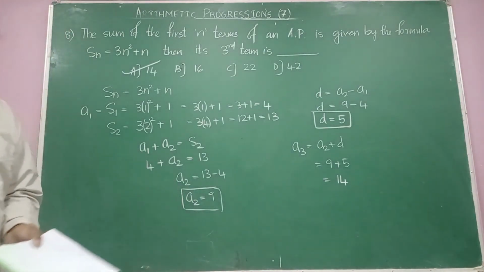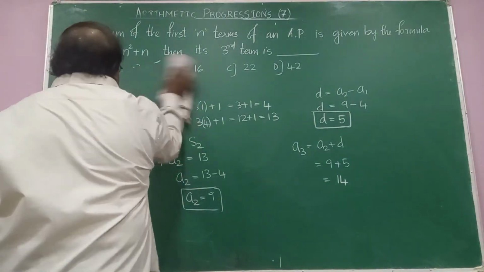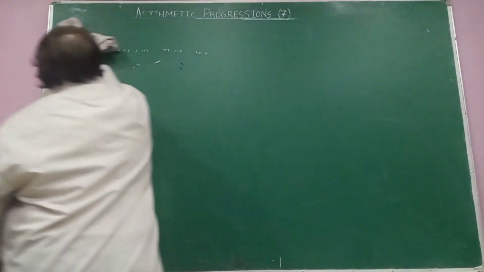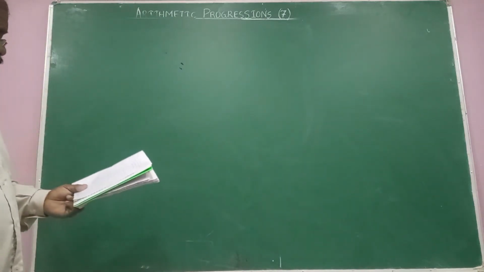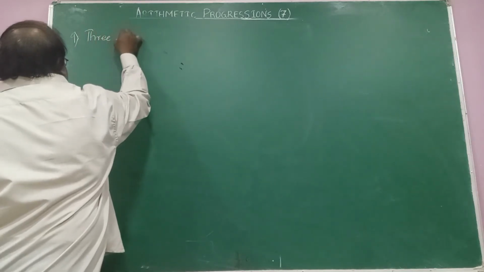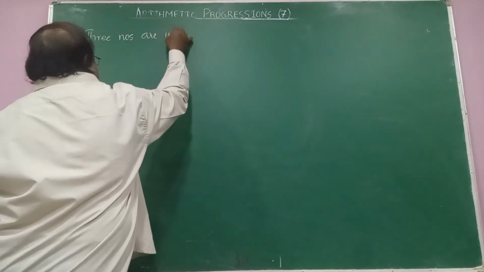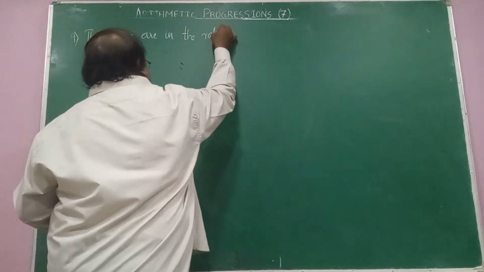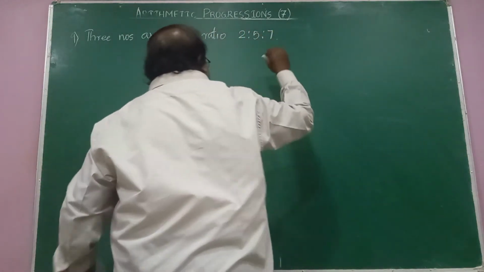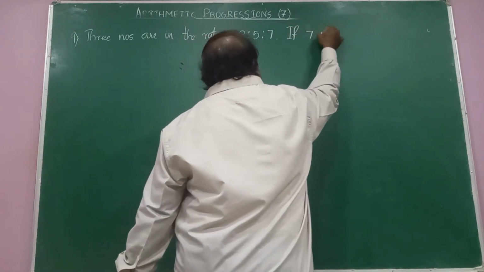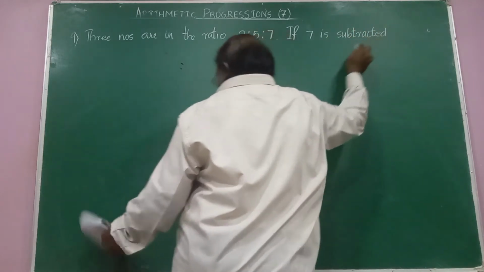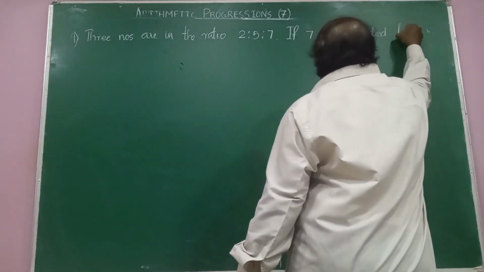Three numbers are in the ratio 2 is to 5 is to 7. Very simple, sir.